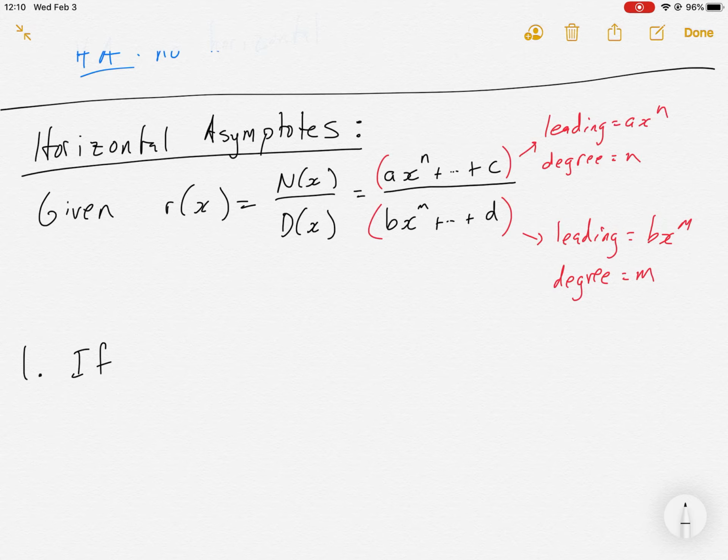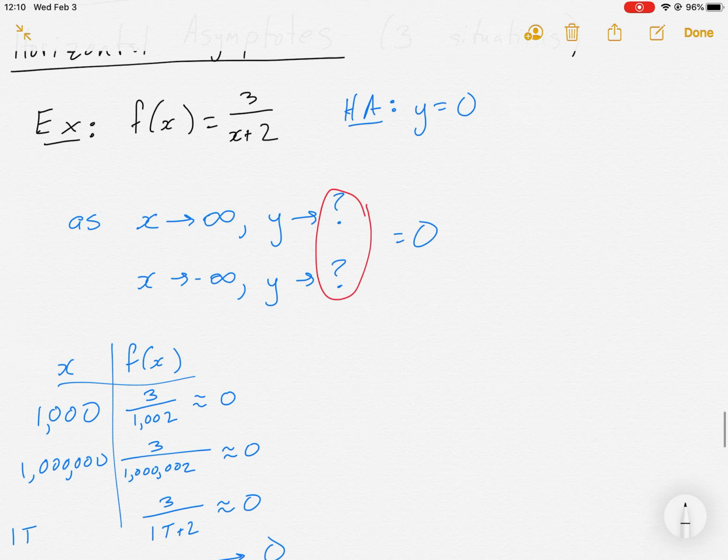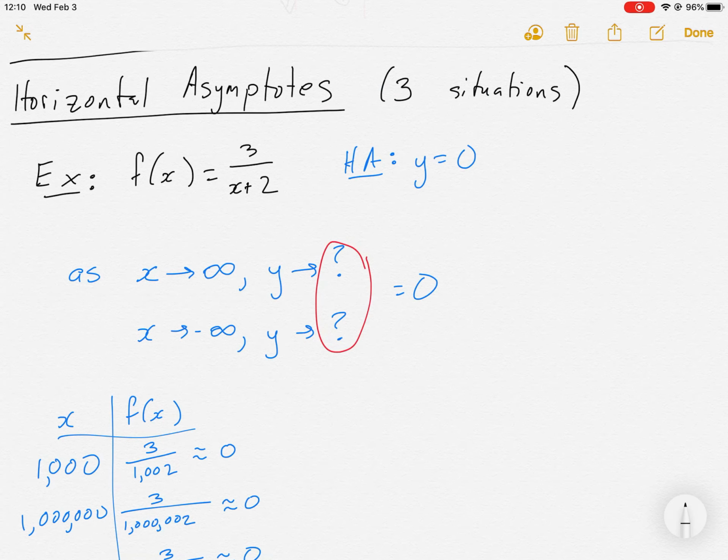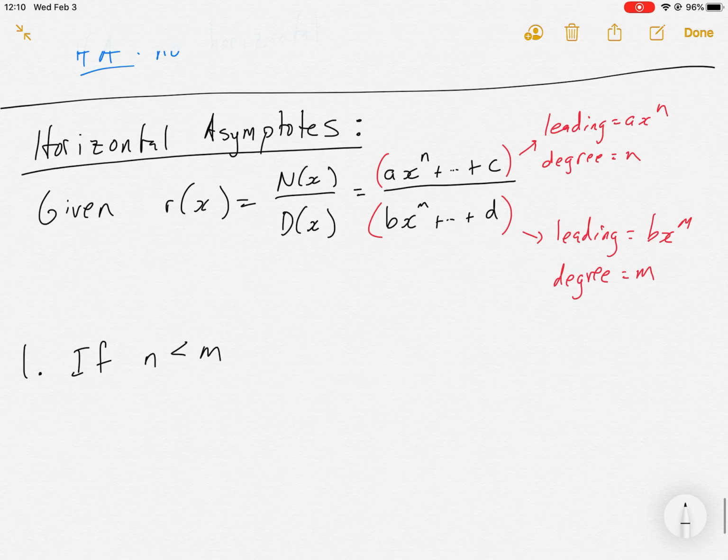If the degree of the numerator, n, is less than m, this is the very first situation we looked at. The degree of the numerator is 0. The degree of the denominator is 1, so n is less than m. Then the horizontal asymptote is y equals 0.